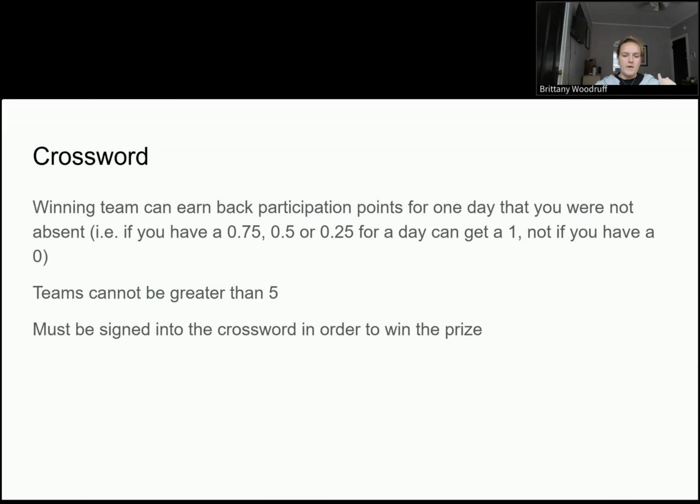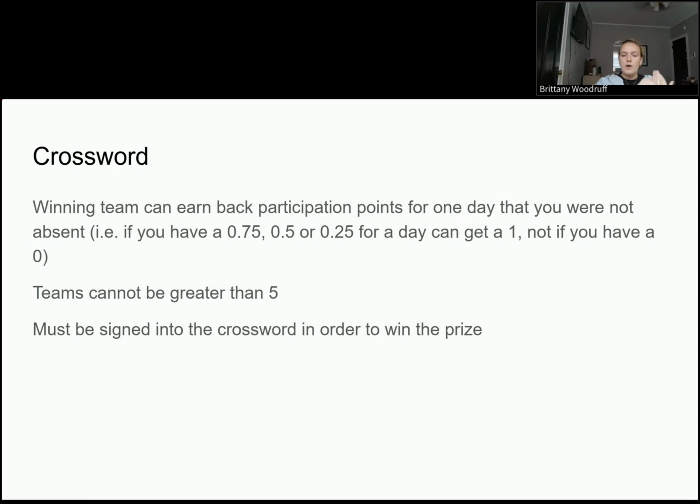Teams cannot be greater than 5. Oh, let me put you at your tables. Sorry. So teams can't be greater than 5. What happened last time, you guys put like 10 people at one table, and I let it slide because we were just playing for candy. I'm not giving half the class points. So if you're at a table that has like 8 people and you guys win, I'm just giving it to the first 5 people.